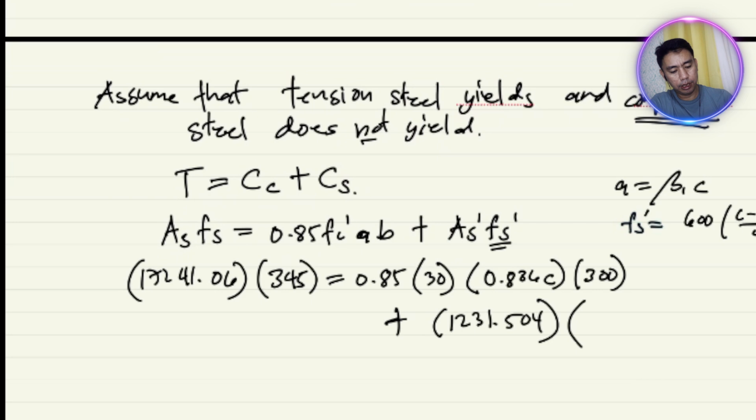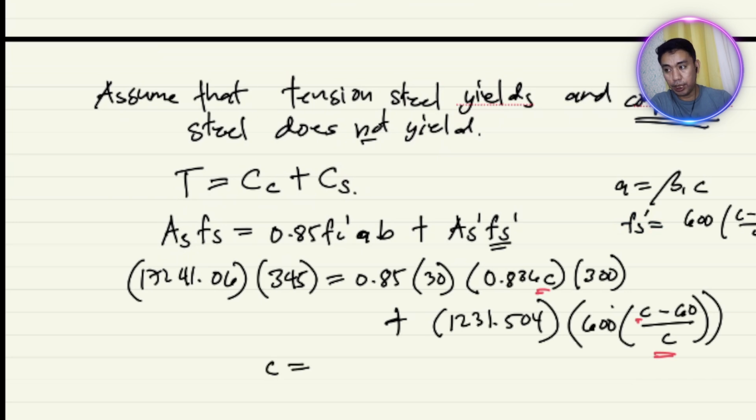So we can write here 600 times C minus D prime of 60 over C. Yan. Okay? So the only unknown here is C. Itong C. Yan. So we can solve for C using your calculator.